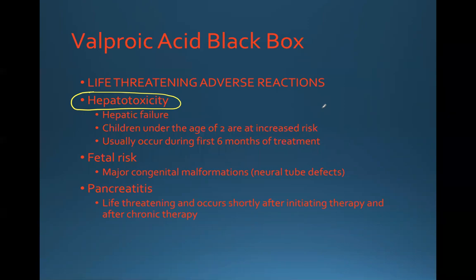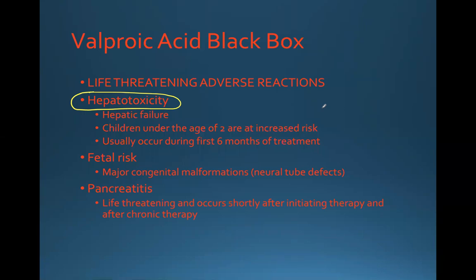The group that's at increased risk are children under the age of 2. Obviously, we're not going to be treating bipolar patients that are under the age of 2. This is primarily because it was used as an anticonvulsant in this group. But older people can also be at risk for hepatotoxicity.